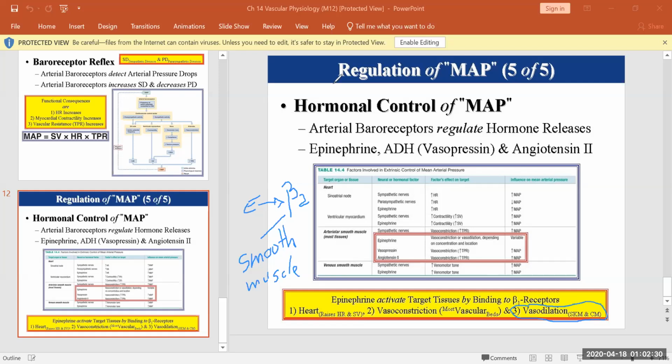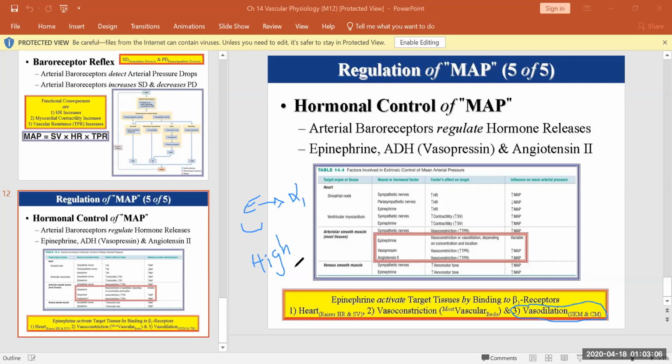Now, epinephrine also can activate alpha 1. But there's a catch. Epinephrine will activate alpha 1 only if the epinephrine is at high concentration, because alpha 1 receptors do not have high affinity for epinephrine.